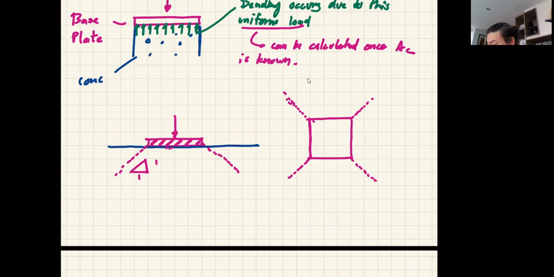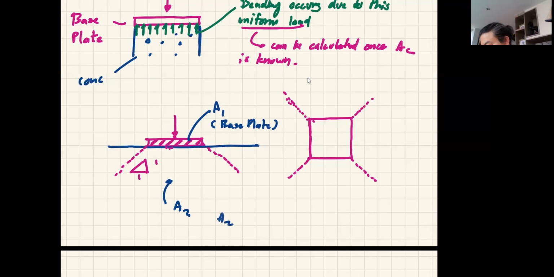The area of the base plate is called A1. The area underneath here is called A2. A1 is essentially the area of the base plate itself, but A2 is the area where the concrete failure is going to occur.